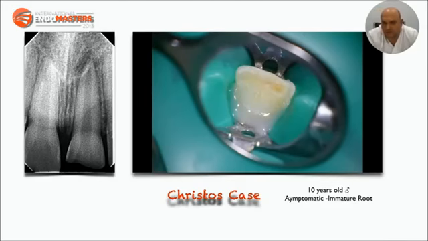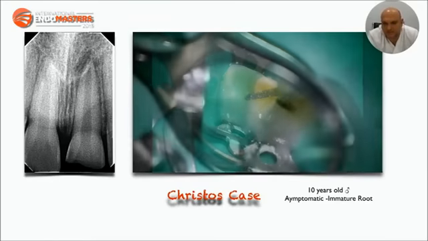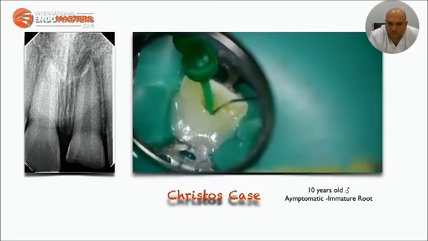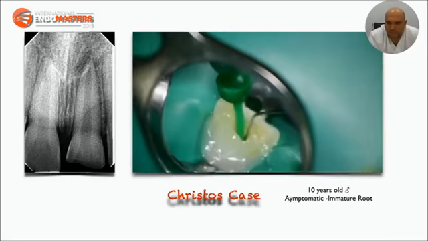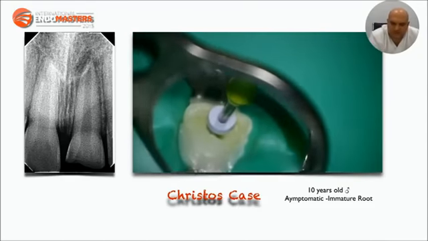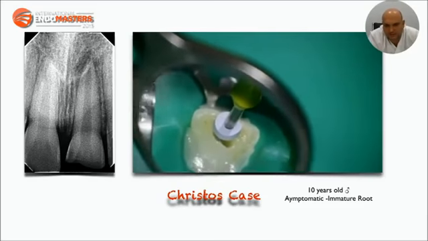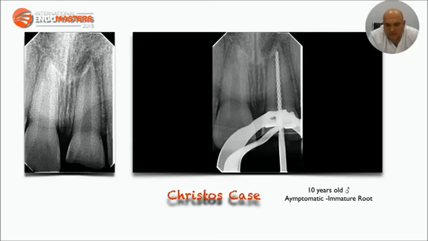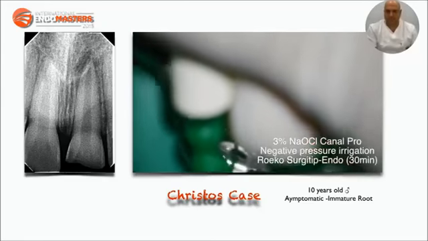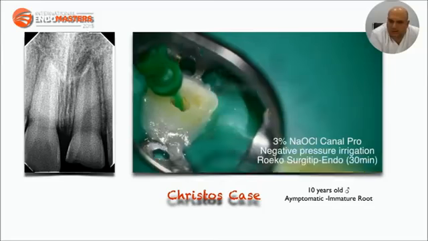I would like to share with you my disinfection protocol, my single-step irrigation protocol, with this case, Christos' case, 10 years old, asymptomatic with an immature root. Nowadays I'm always using negative pressure irrigation with sodium hypochlorite by using the sterile microsurgical tip by Colton Weldon. This is the length determination radiograph in order to transfer the length to your macro cannula.